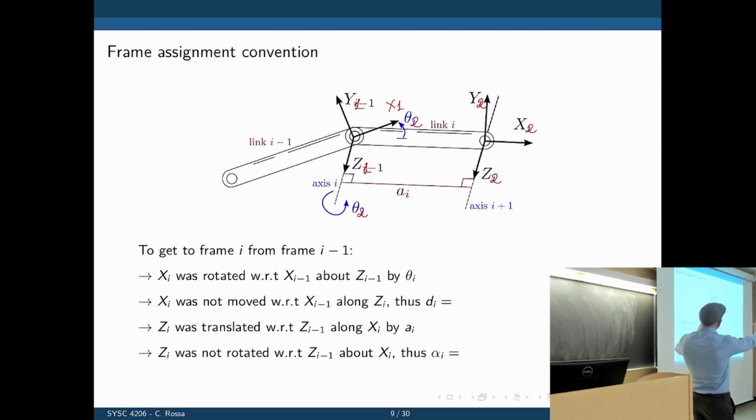We see that x2 and x1 are on the same plane, but we could translate them by an amount d along z. They are not translated here, so d is 0. But if they were translated, then the second frame would be coming out of the plane by an amount d.